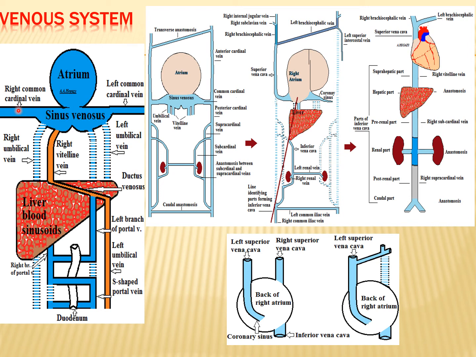On the left side it disappears, as a shift. The shift, as we said, is from the left to the right side. So the right cardinal vein forms the right superior vena cava, while on the left side it disappears.